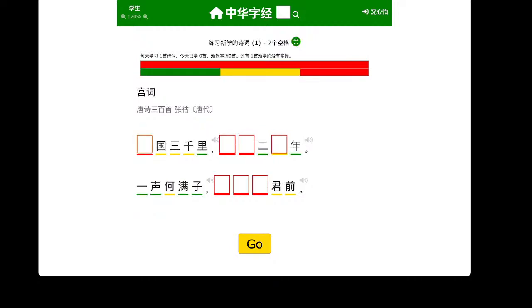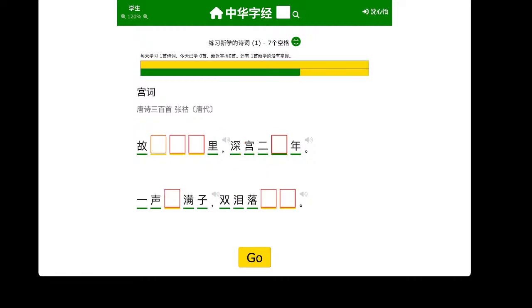你最好弄的时候念出来，那你就快一点。故国三千里，深宫二十年，一生何满子，双泪落君前。Oops.